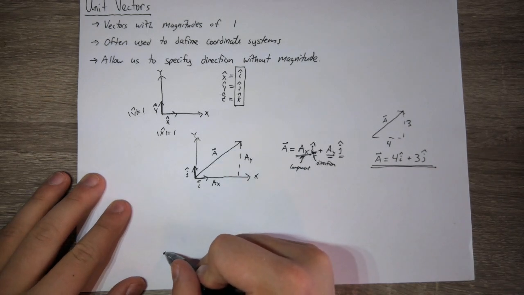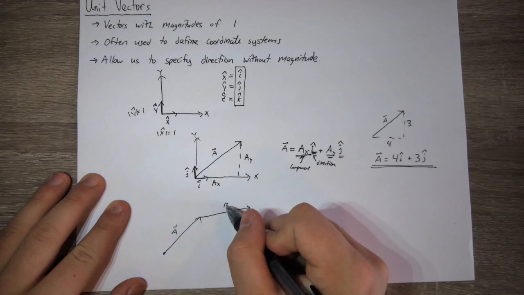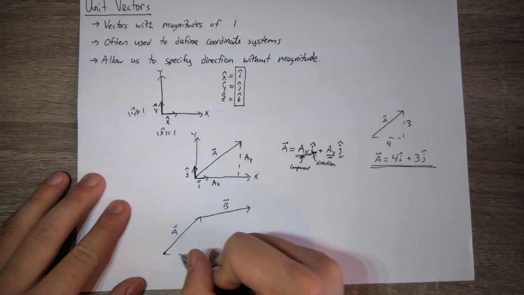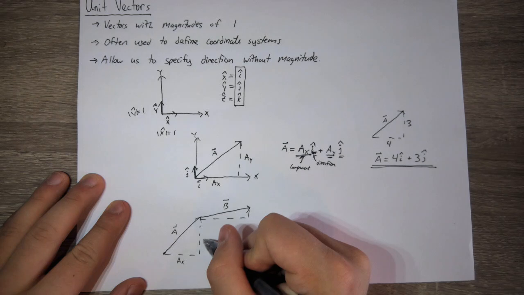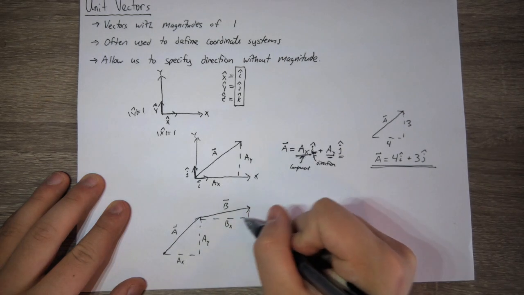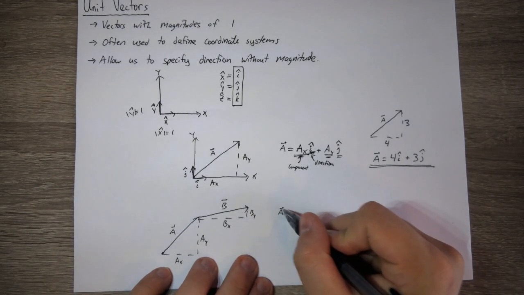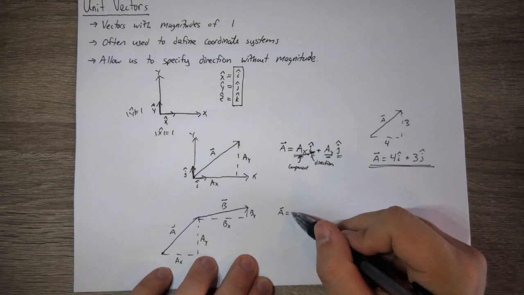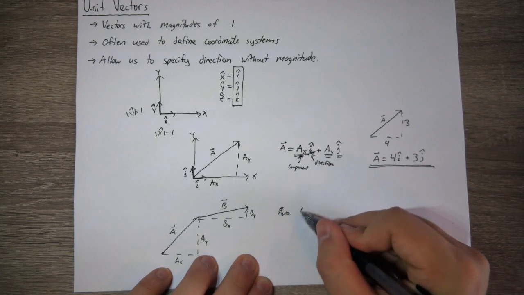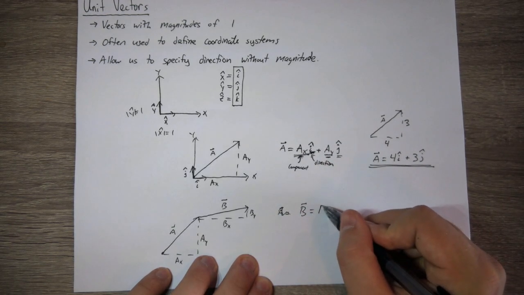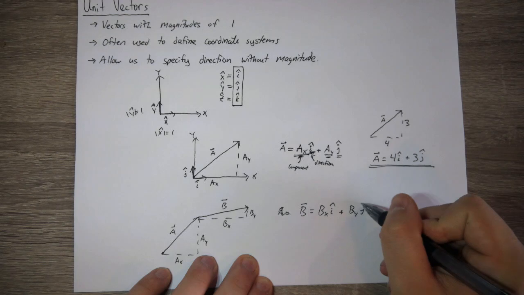Now if you're adding two vectors together, as another example, A and B, and you've got your ax and your ay component, and then bx and by, you would have your A as just this. Again, I won't rewrite it, but it's this equation. Then B would be bx i hat plus by j hat.